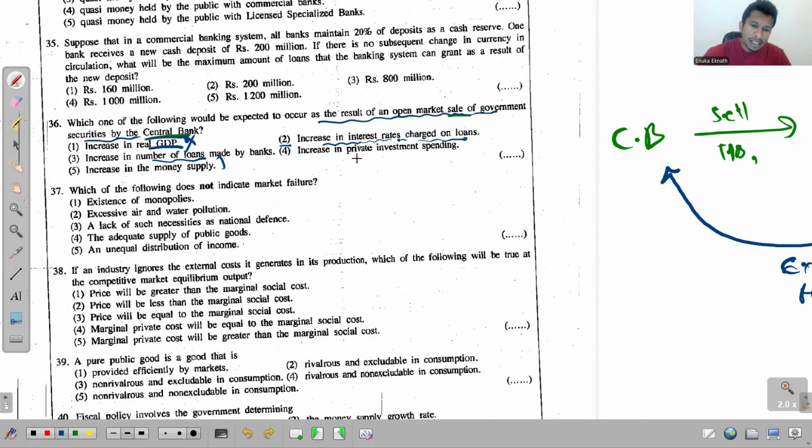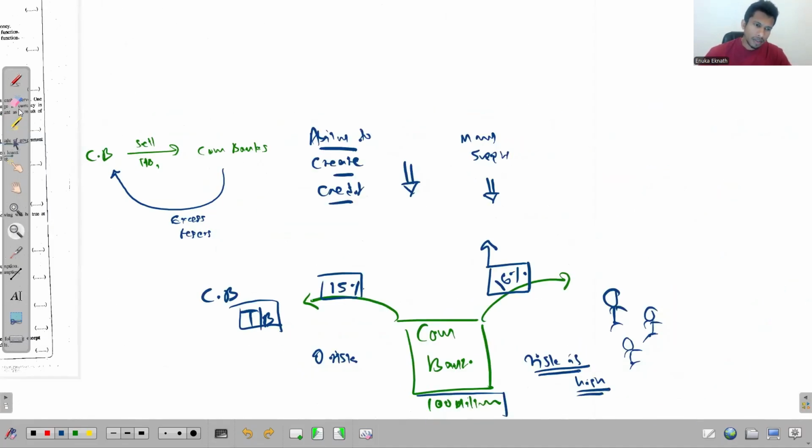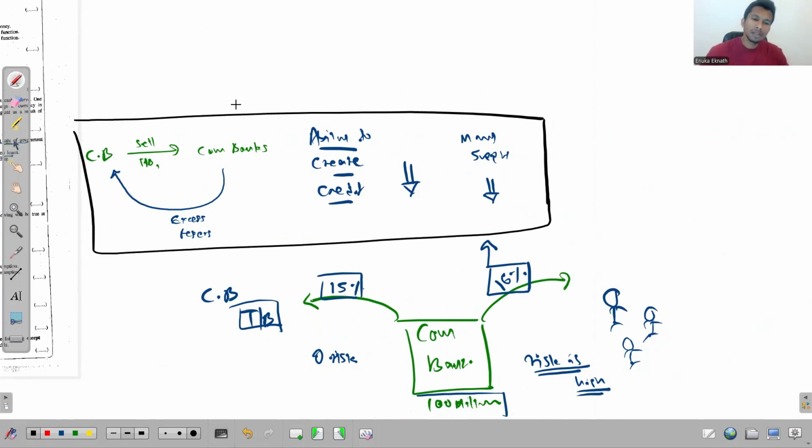The fourth option says increase in private investment spending. Look at the first discussion we had, this one. So as per this discussion, I told you when commercial banks obtain treasury bills and treasury bonds from the central bank, their ability to create credit decreases, which means the private sector is not in a position to obtain bank loans easily.